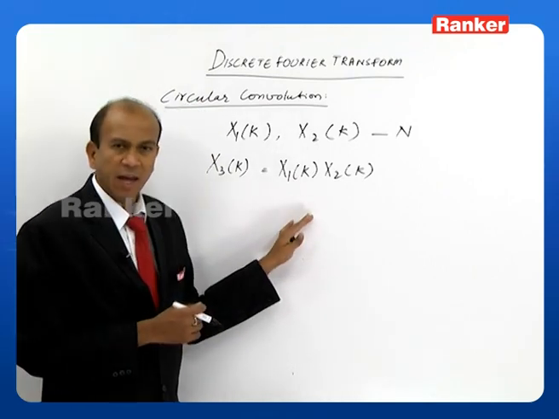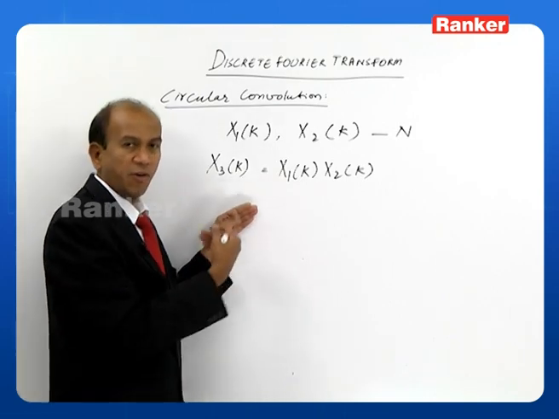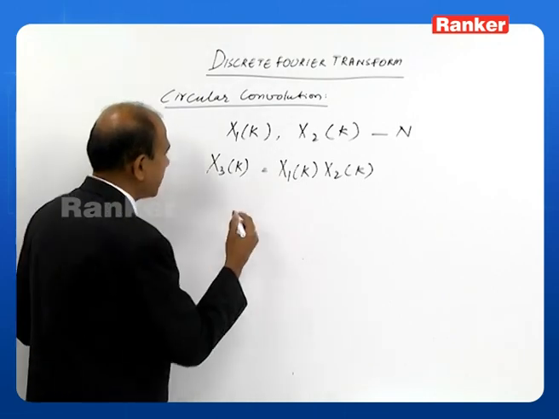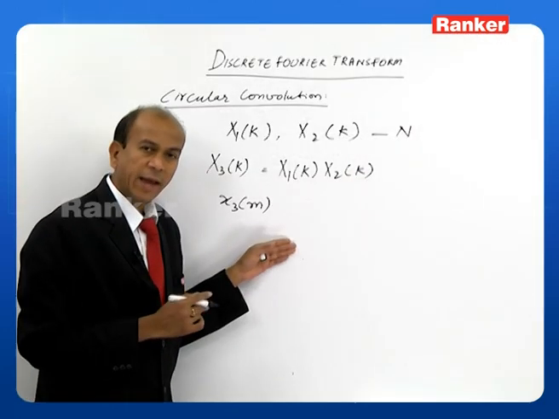So, this is what we are saying. Now, let us find the inverse DFT of this, and let us call that x3 of m.